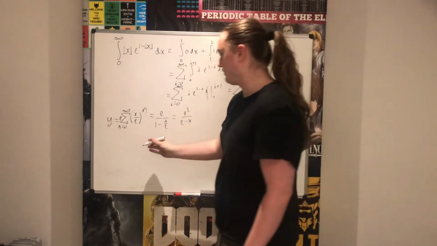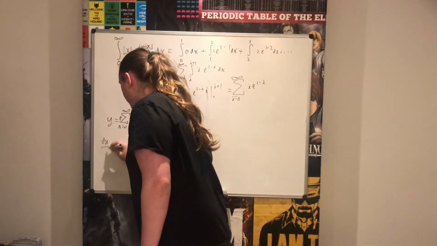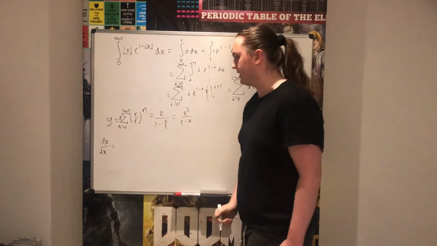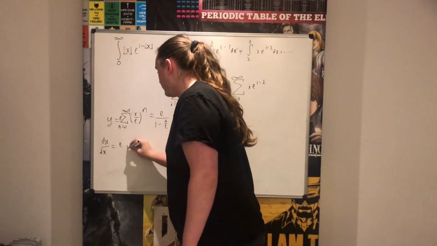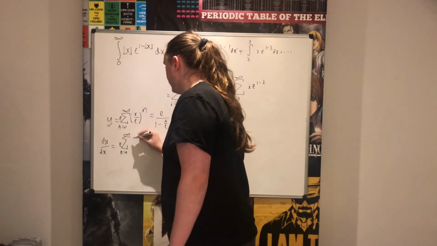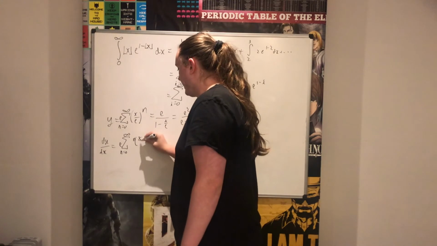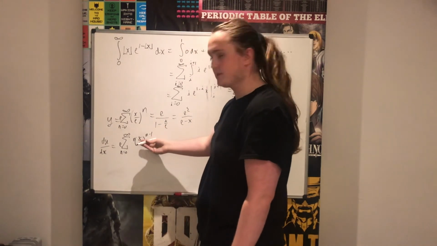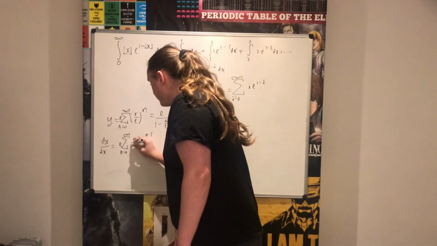Now, if we take the derivative, when we differentiate this sum here, we're going to get e times the sum from n equals 0 to infinity of n (x over e) to the n minus 1, multiplied by the derivative of the inner function using the chain rule.